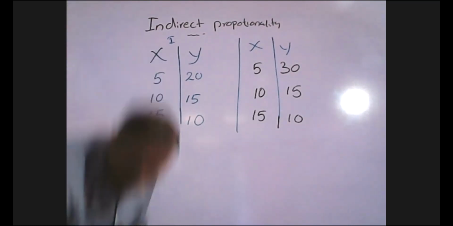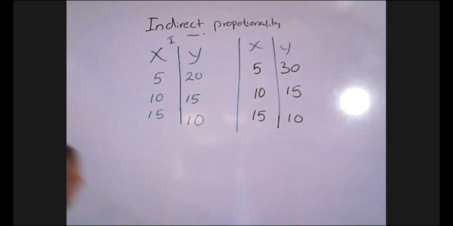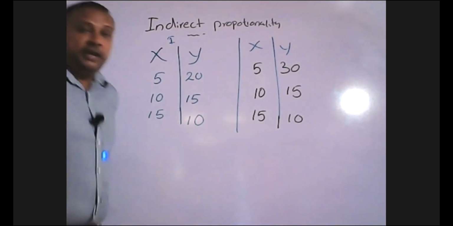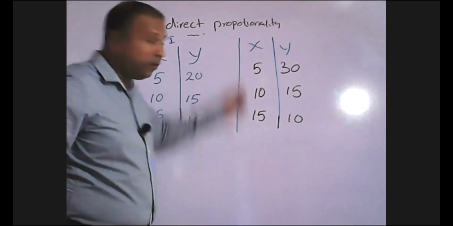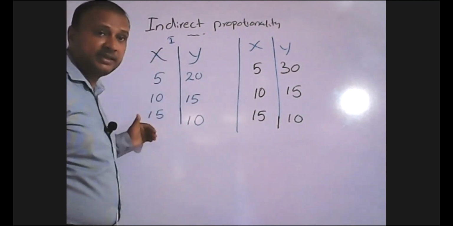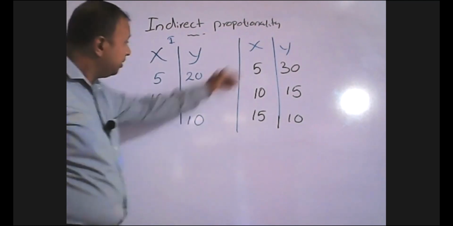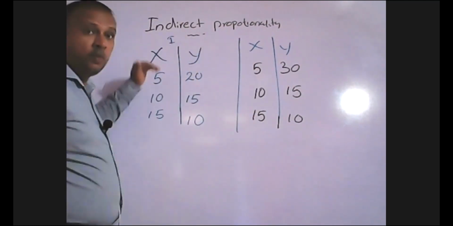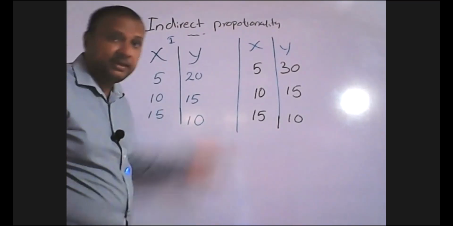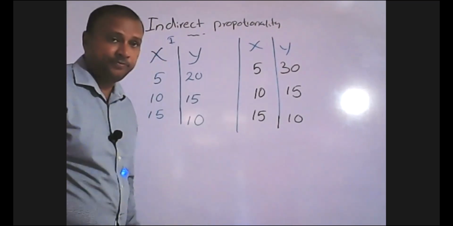Case number 1 and case number 2. What is indirect proportional here? So in both cases, when x increases, y decreases, no? So when one physical quantity increases, the other decreases.